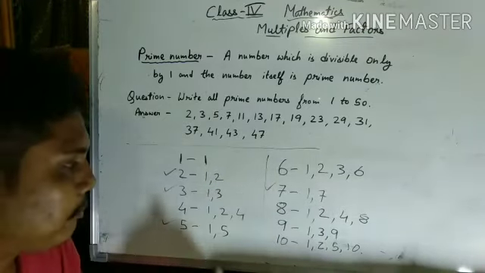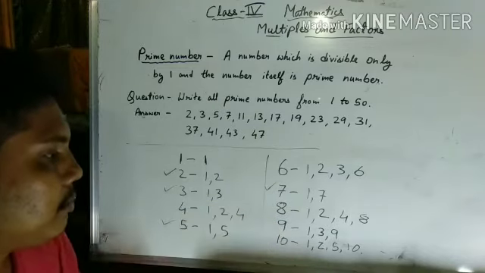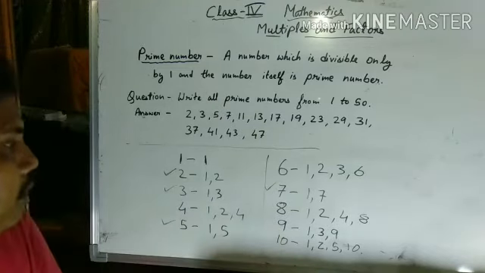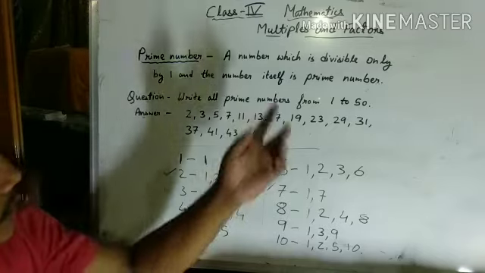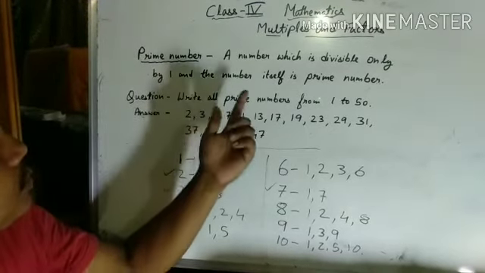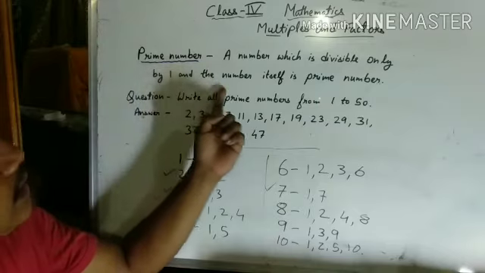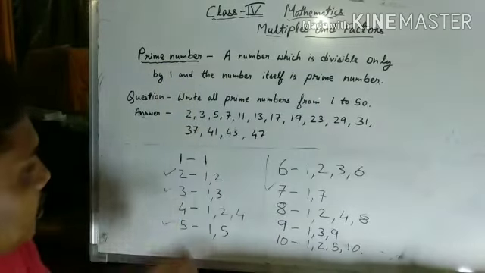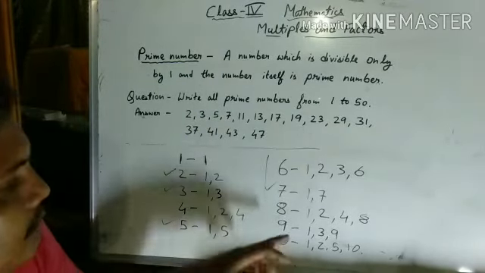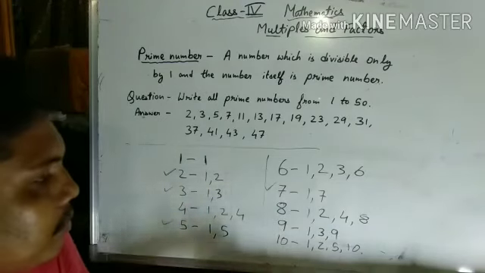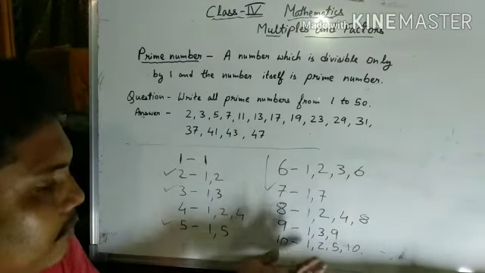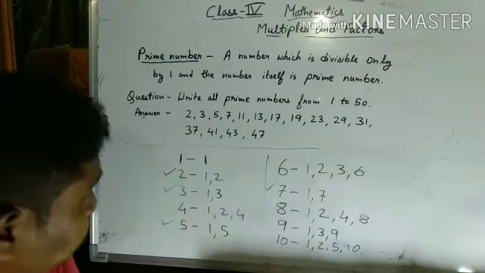So 8 is not a prime. 9 is not a prime number. 10 is also not a prime number. So by the definition, the numbers which are divisible by 1 and the same number itself are prime numbers: 2, 3, 5, 7. Like this we can find prime numbers by factorization of all the numbers.